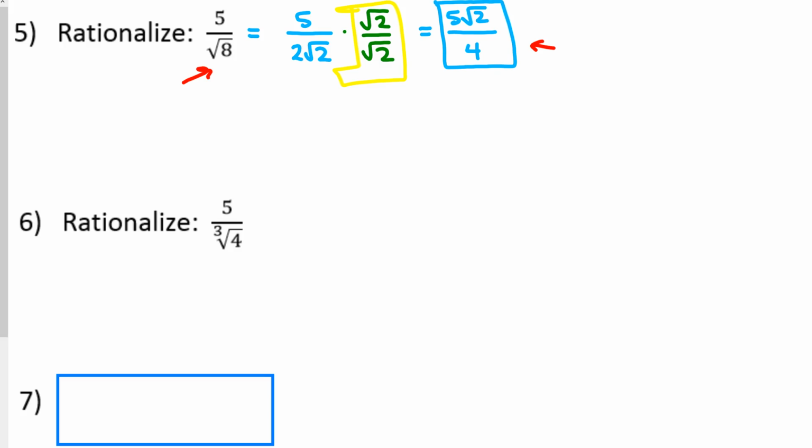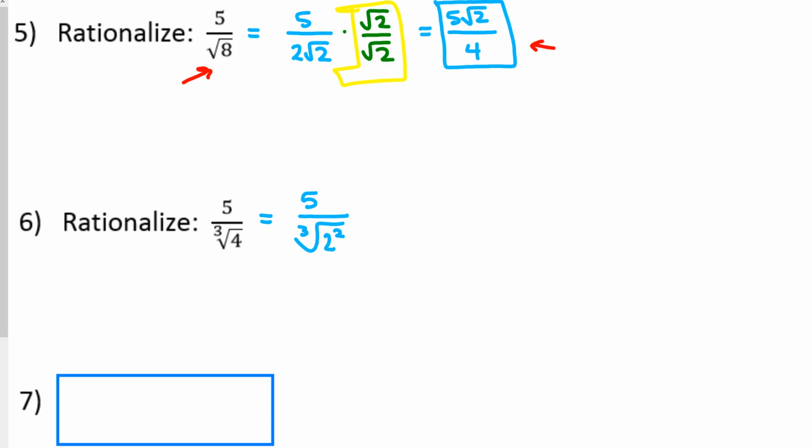So we're rationalizing this denominator, and this time instead of a square root, we have a cube root. So the same general principle applies. We don't want to have a radical in the denominator, but the process could be a little bit different. So I'm going to think of my cube root of 4 as the cube root of 2 squared, since 4 is 2 squared.